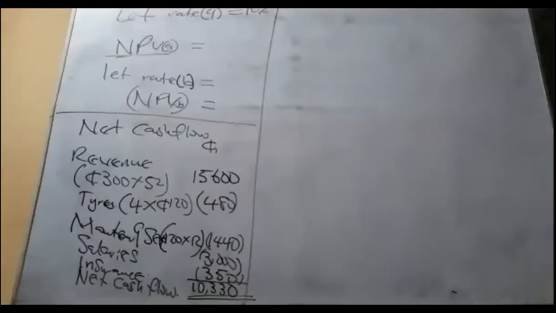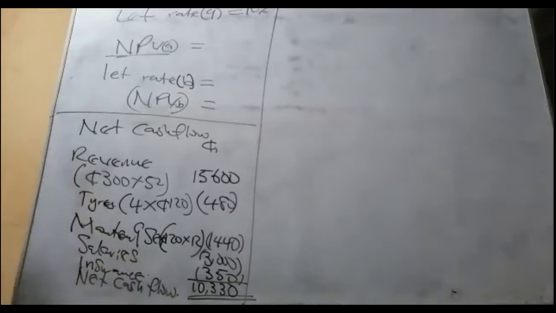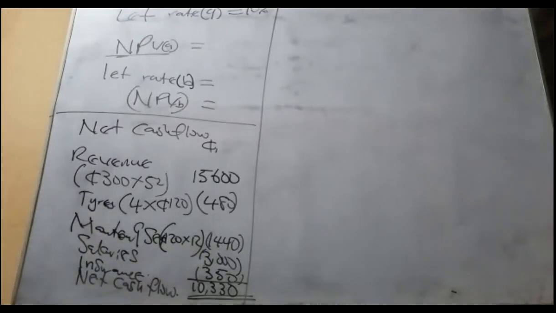So it means that each and every year the cash flow will be 10,330, but we have to inflate that. So basically, this cash flow will suffer for inflation. So let's see how we are going to inflate the cash flow.